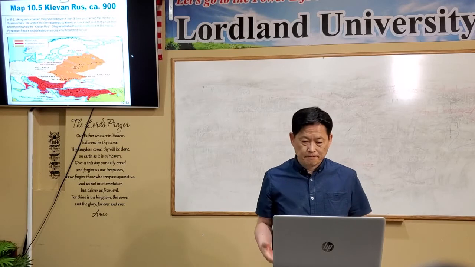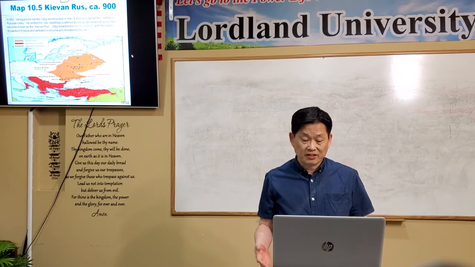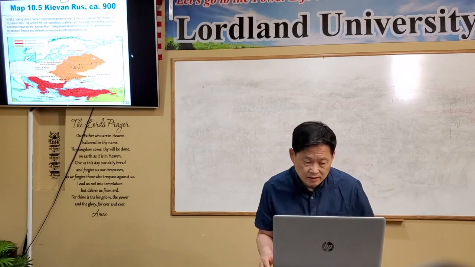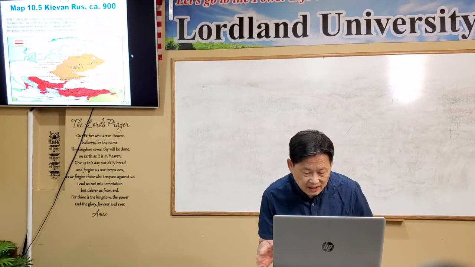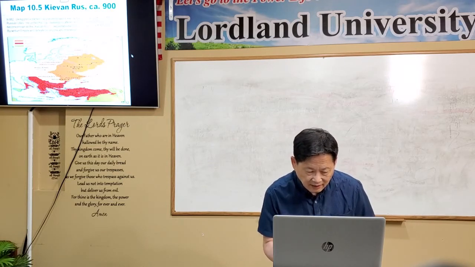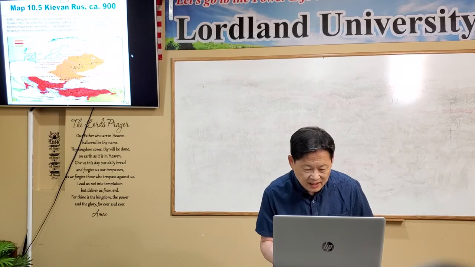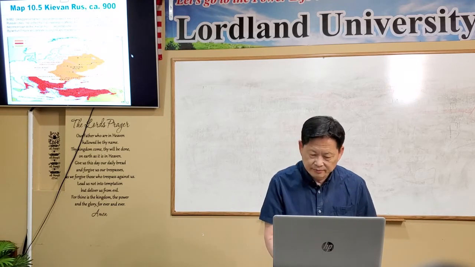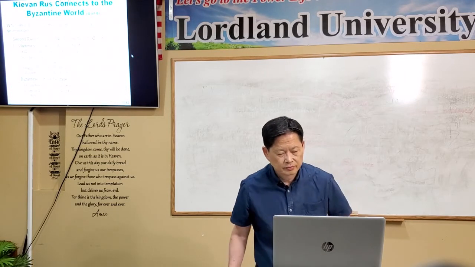Okay? Brown color represented the Kievan Rus. Dark brown represented the Byzantine Empire. Light green color represents the Abbasid Caliphate, Muslim Empire.